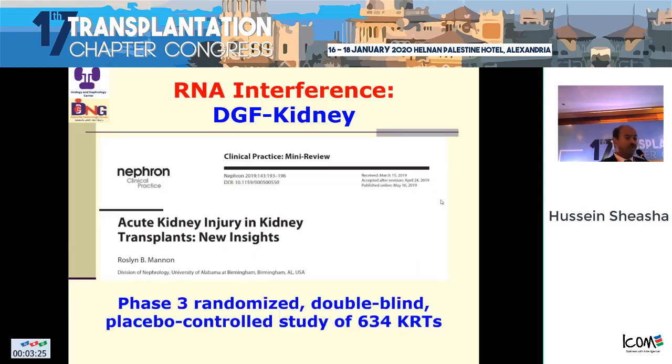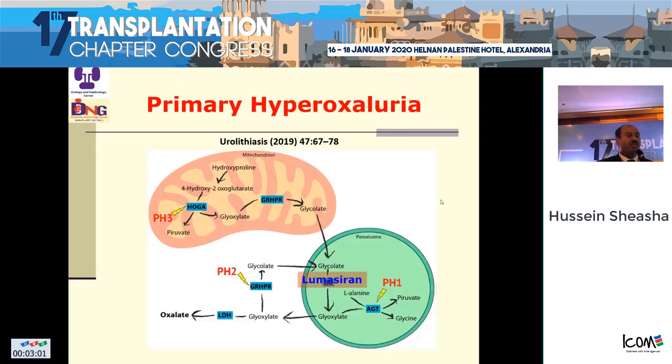This is a very nice review discussing the issues of acute kidney injury after kidney transplantation. And within the discussion of this article, the authors mentioned, based on personal communication, that the phase 3 study of this drug to tackle delayed graft function in the kidney was disappointing, for treating 634 kidney transplant recipients.